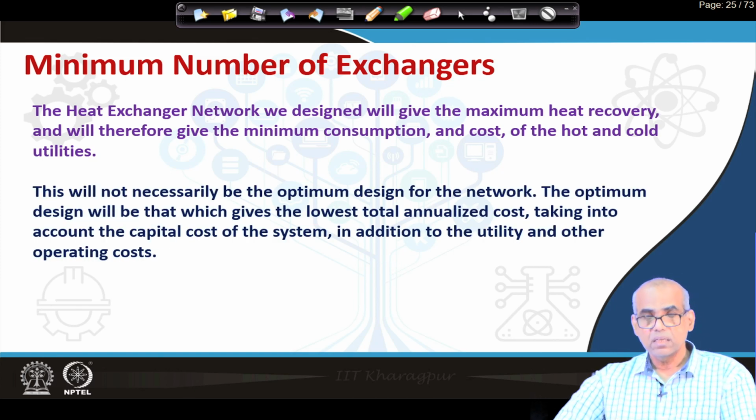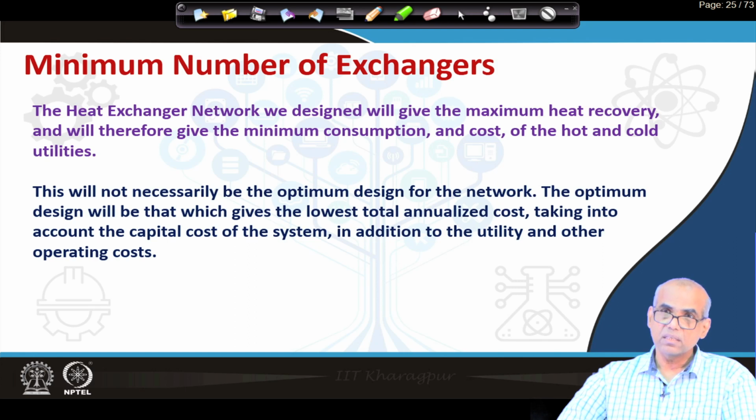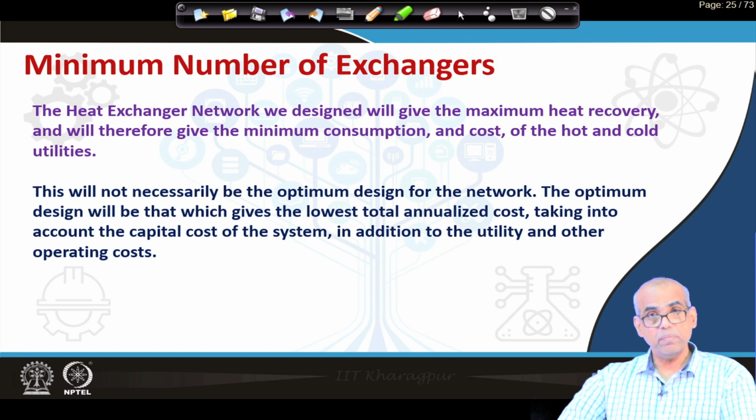But it is not necessary that this is an optimum design as well. The optimum design will be that which gives the lowest total annualized cost, and the lowest total annualized cost will depend not only on the cost of utility, but also on the capital cost of the system.